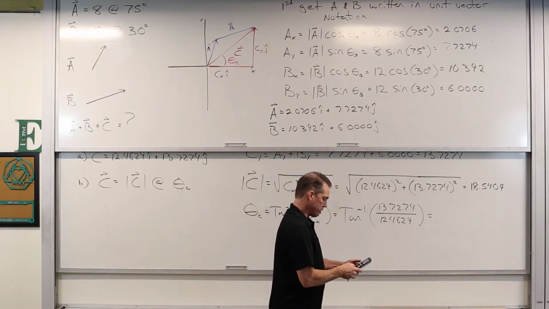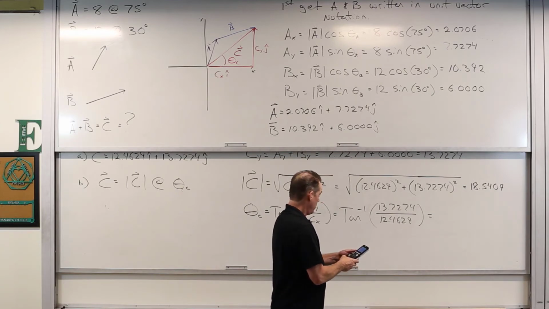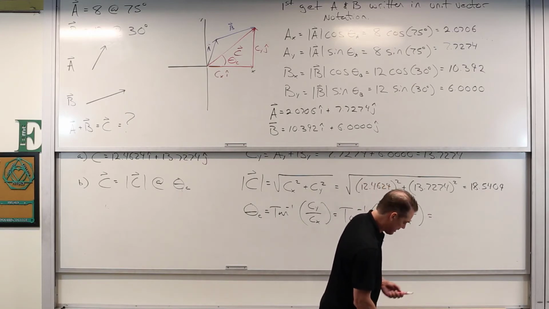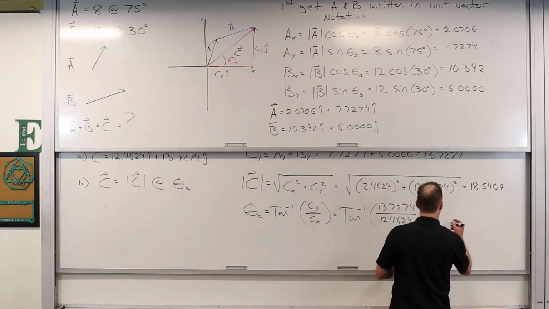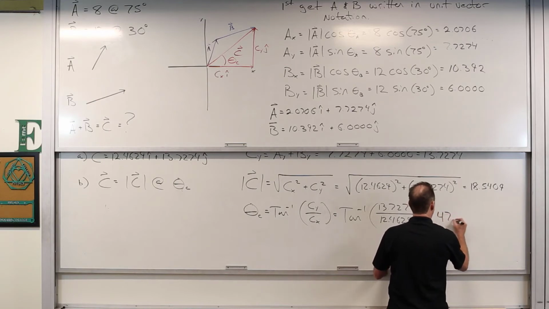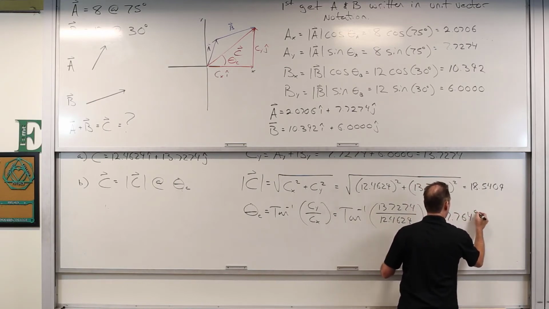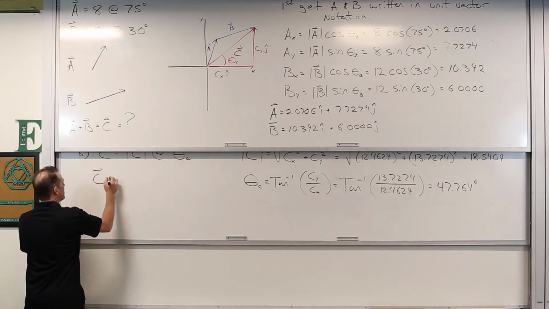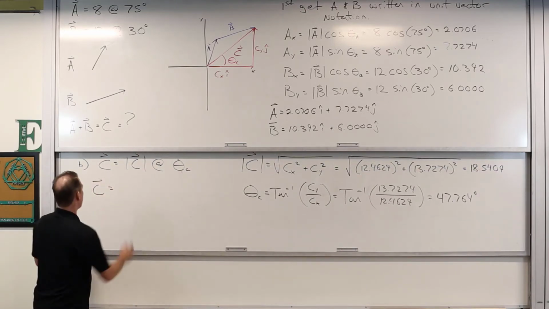And we got ourselves 47.764 degrees. Thus, in the end, we've got ourselves C hat is equal to, let's just call it 18.5 units at an angle of 47.8 degrees.